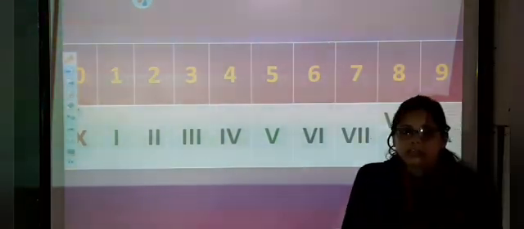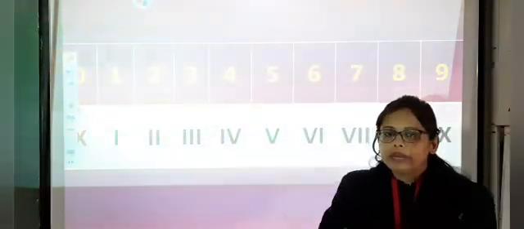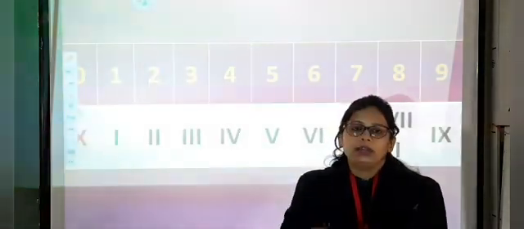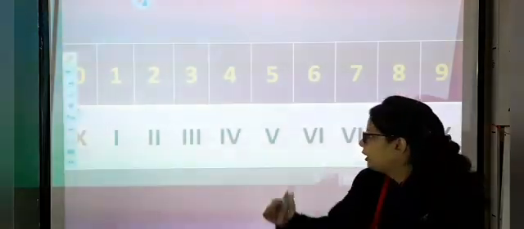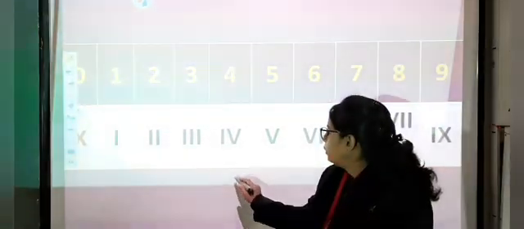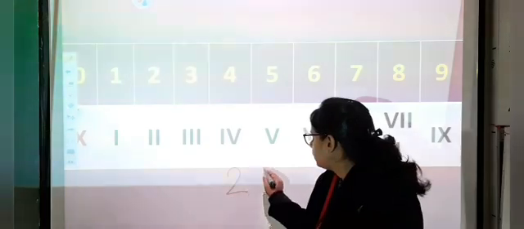Now children, some more examples. As I have told you, with the combination of these 3 numerals, that is I, V and X, they write the numerals till 39. For example, I am taking the number 25.